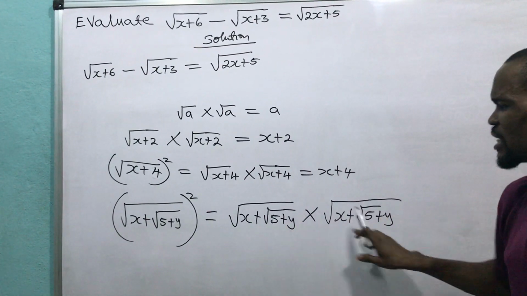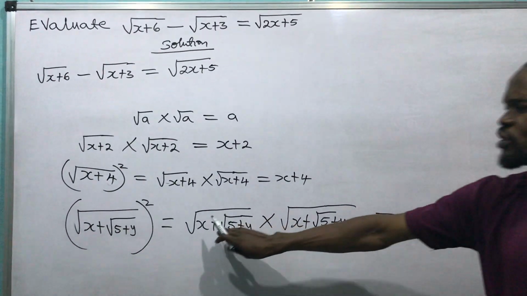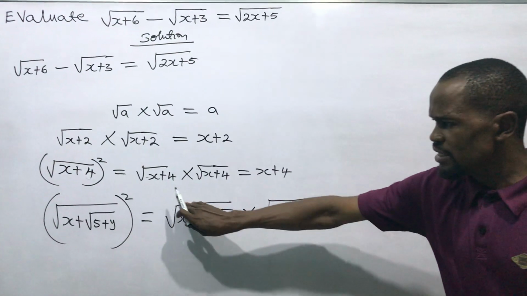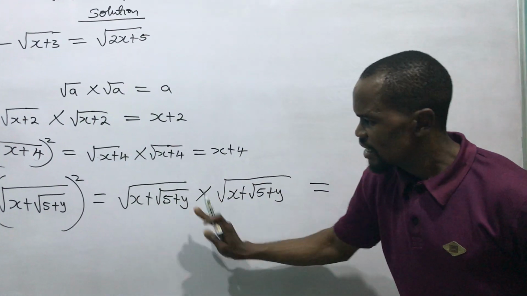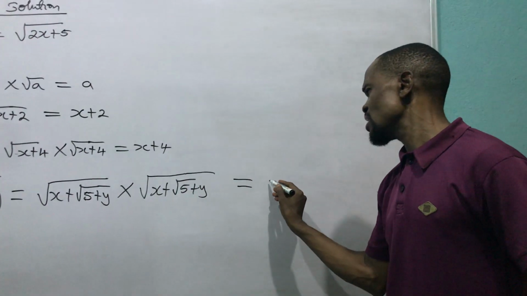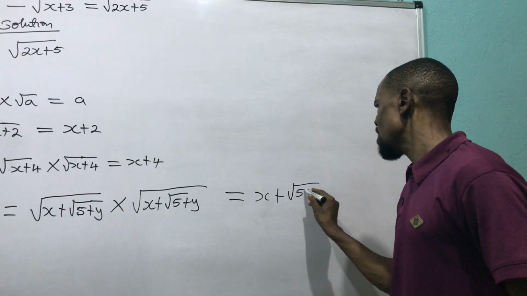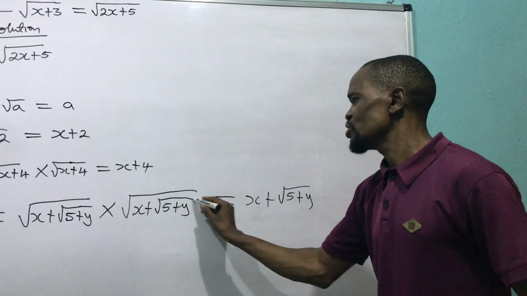If these two multiply themselves, it will leave me with what is inside the root. This one is the first king, another person is inside him, and this one also has another person inside him. The answer will be x plus root of 5 plus y.